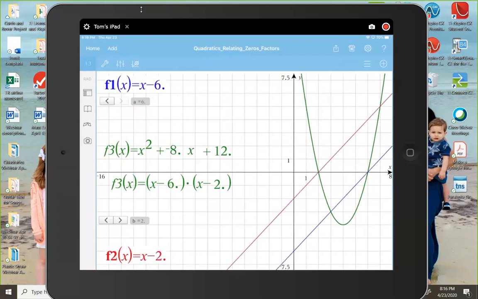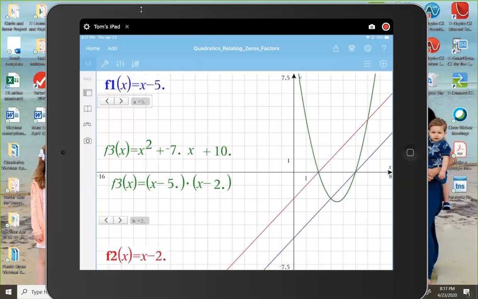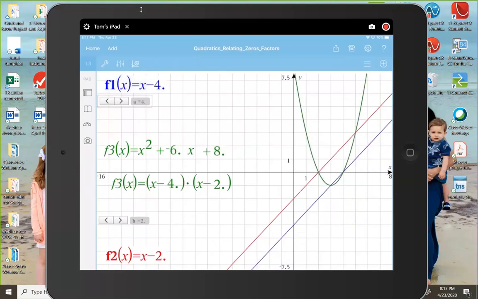And I'm hoping the students will notice what that blue line is, what the red line's doing, as opposed to the parabola. And I'm looking definitely at the x-intercept. So as I change the factors, let's say make this x minus 6 go to x minus 5 and x minus 4, notice all the things that are changing.